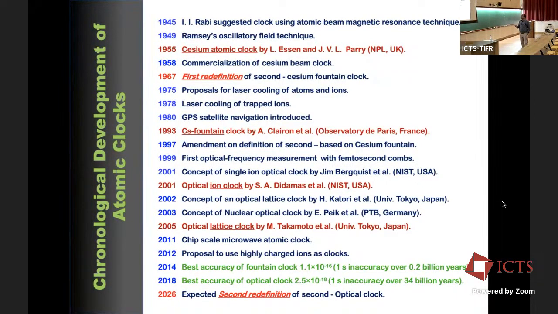Then in 1967, the SI second was redefined with respect to the atomic clock. Before that, it was based on the solar time scale, GMT, Greenwich Mean Time. In 1967 there was a redefinition based on the atomic clock, and the second one we are expecting in 2026, but I'm sure it will not happen in 2026. It's pushed to another 4 years.